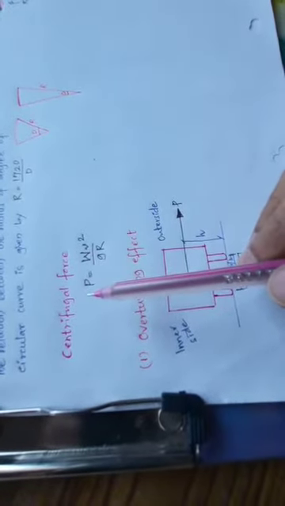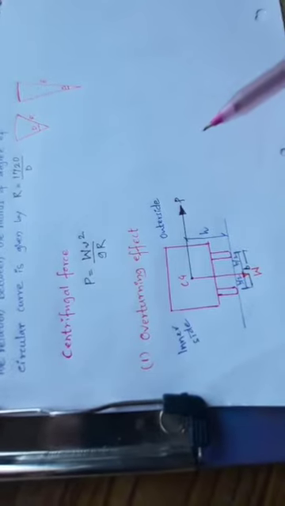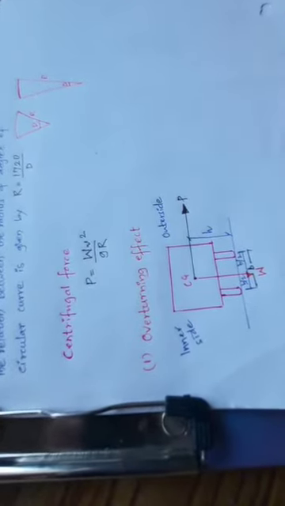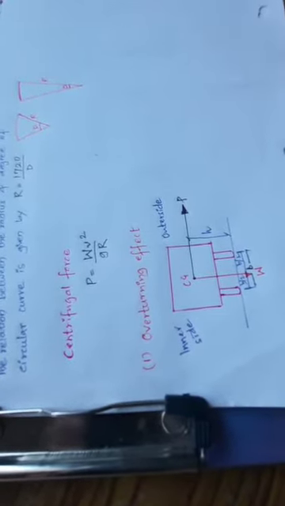Clear? So the centrifugal force acting on a vehicle negotiating horizontal curves has the following two effects. One is the tendency to overturn the vehicle outward by the outer wheels, and second is skidding of the vehicle laterally outwards.